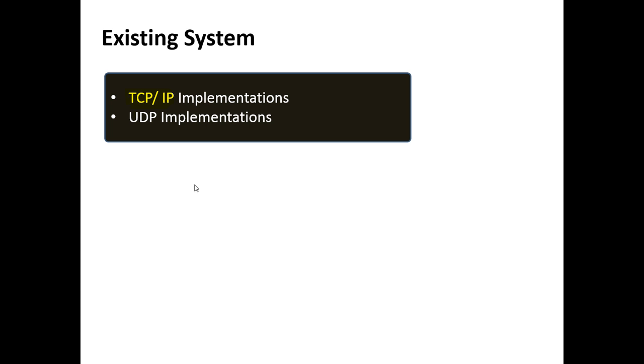If one source is sending video frames to a destination, and the destination did not receive a frame in order, it is going to ask to resend that frame. Because if the frame is not resent, the quality of the video will come down. So the destination will ask the source to resend the frame.